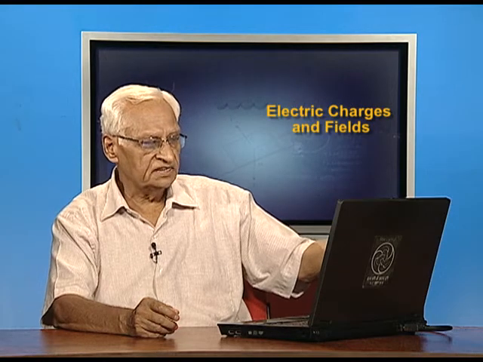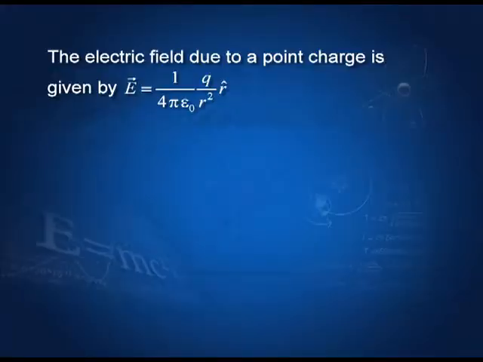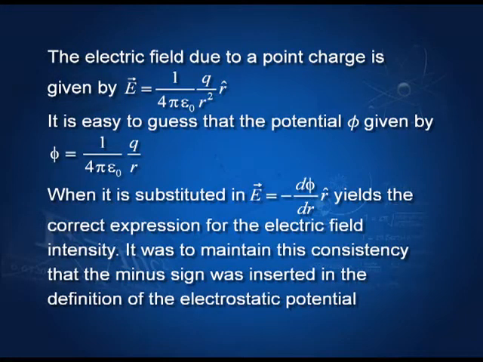Now, we have seen the electric field due to a charge in the last lecture is 1 by 4 pi epsilon 0 q by r squared r cap, and from this we can guess what phi would be, and phi turns out to be this. We can verify this, and we show that if I take d phi by dr, then we get this expression.